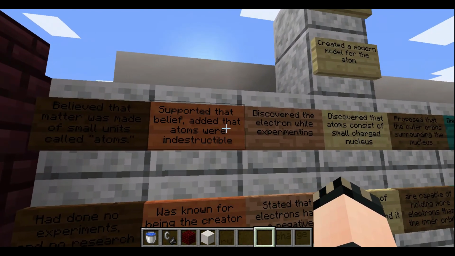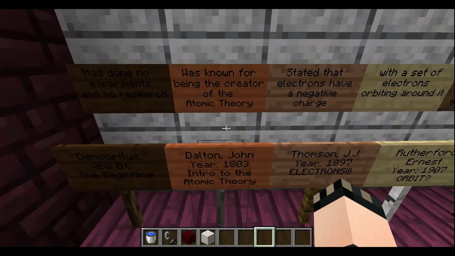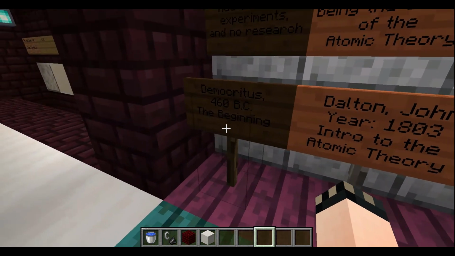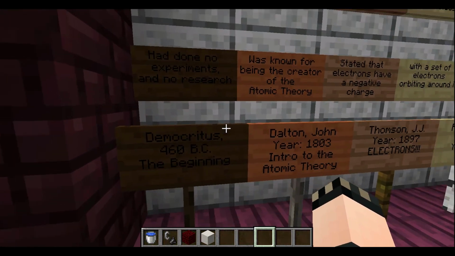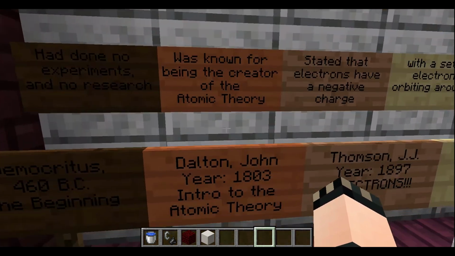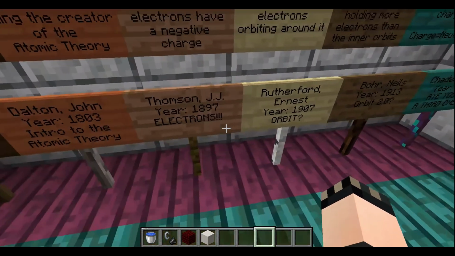But he added that atoms were indestructible, so you can't destroy them. They'll always be there. You could break it down, you could make it smaller and smaller, but the atoms will always be there. And John Dalton was also known as the creator of the atomic theory. Although Democritus did bring it up, John Dalton made it into an actual atomic theory.